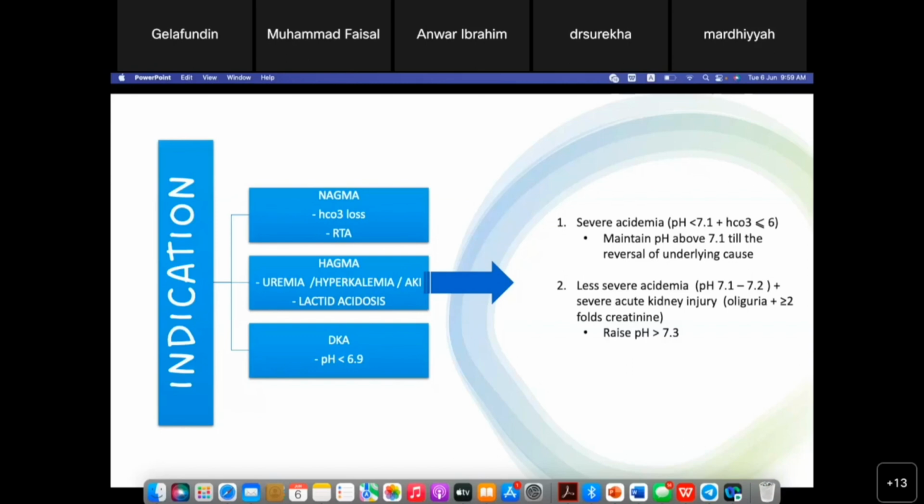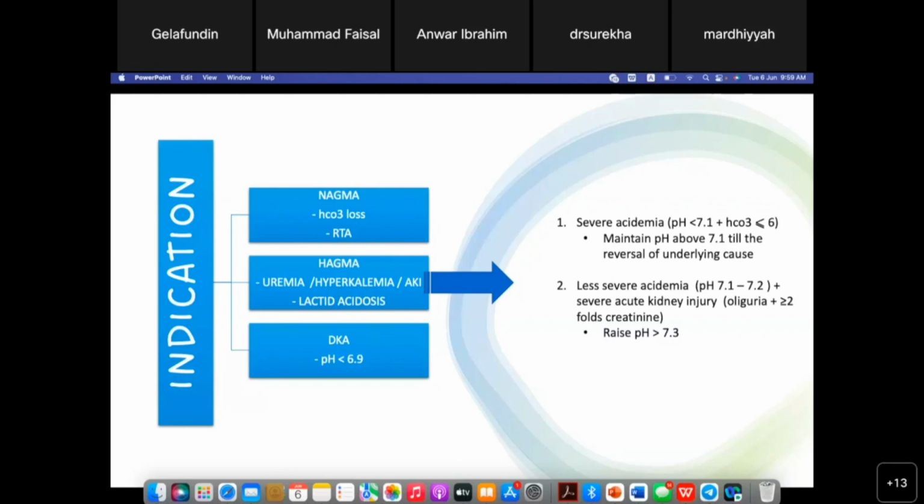As aforementioned, your principle of management is to treat the underlying cause so that you can reverse it. So this is just to cater for the time before the underlying cause can be reversed. So you maintain the pH above 7.1 with sodium bicarb.